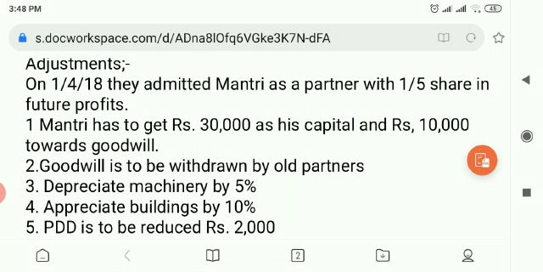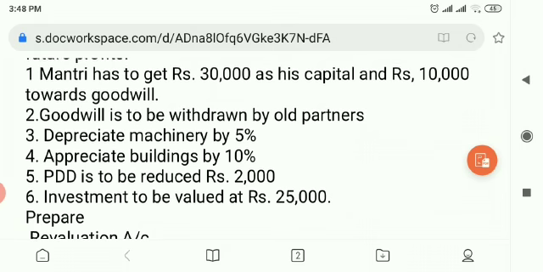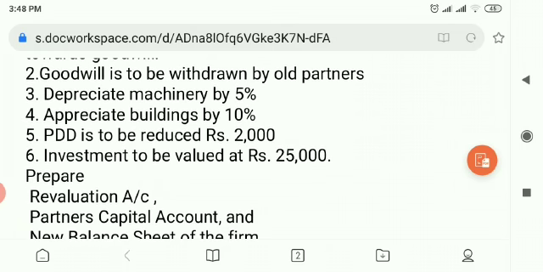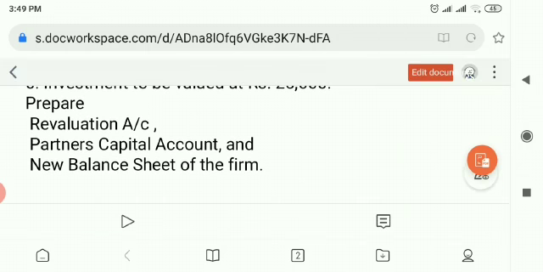Next, depreciate machinery by 5%. Next, appreciate buildings by 10%. PDD is to be reduced to rupees 2,000. Investments to be valued at rupees 25,000, that is, revalued. Prepare revaluation account, partners' capital account and the new balance sheet of the firm.